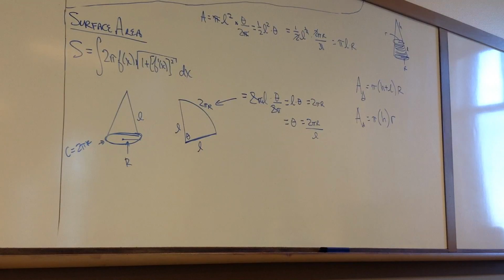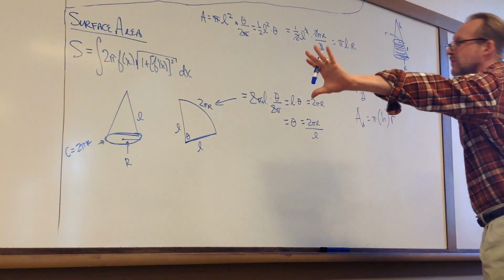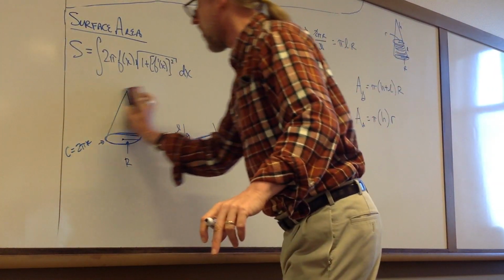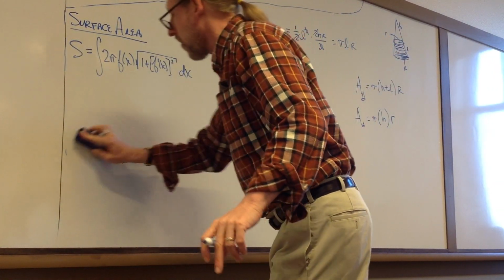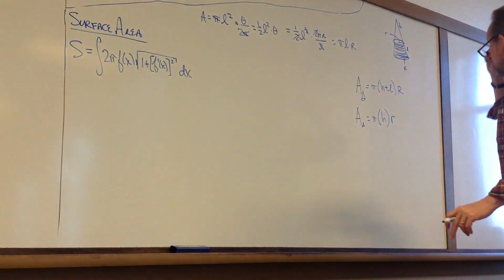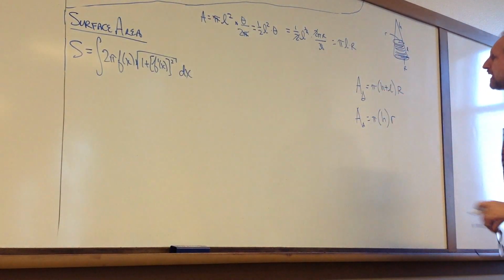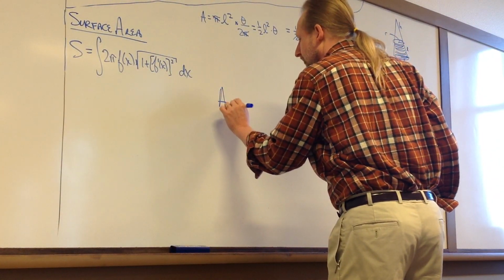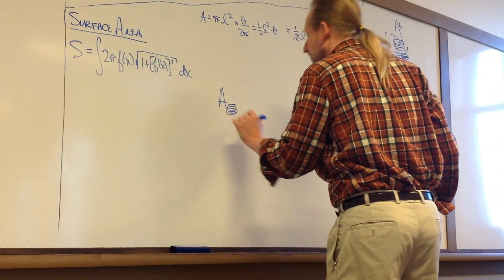Okay, so let's see here. Now I'm going to have to erase a bunch of this over here. Okay, so the surface area of this truncated cone is going to be the whole cone minus the little one. So this is the area for that truncated cone piece.